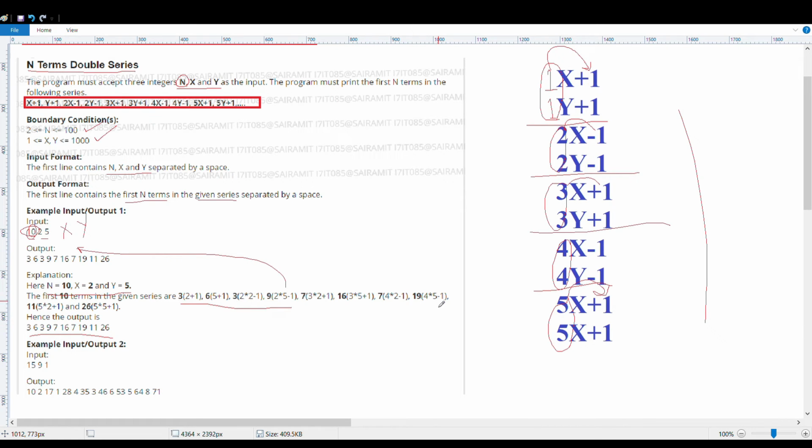You can see 4 here and 5 here. If it is 15, since it's an odd number, you will take 7 plus 1. This is how the grouping goes on.